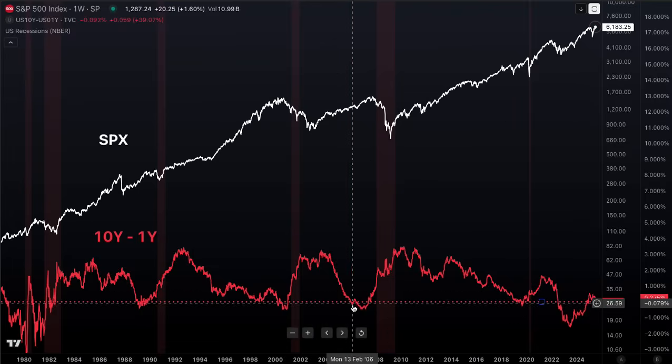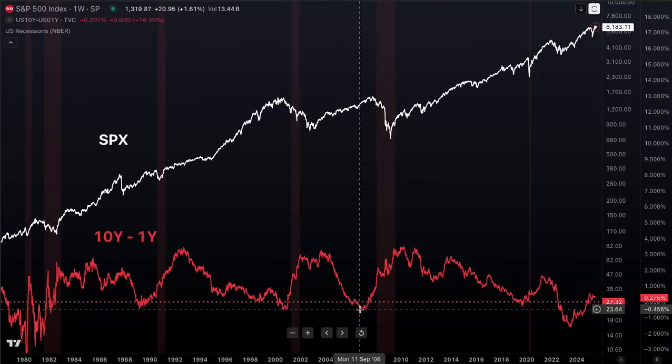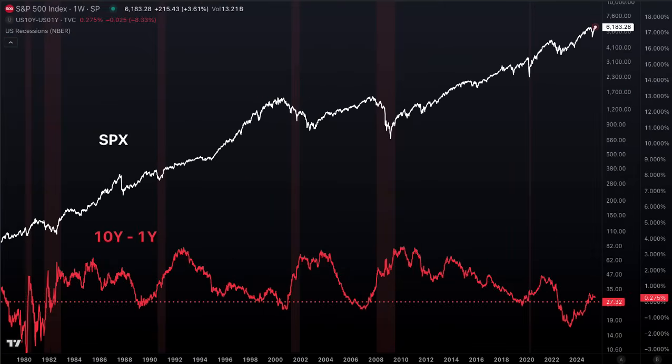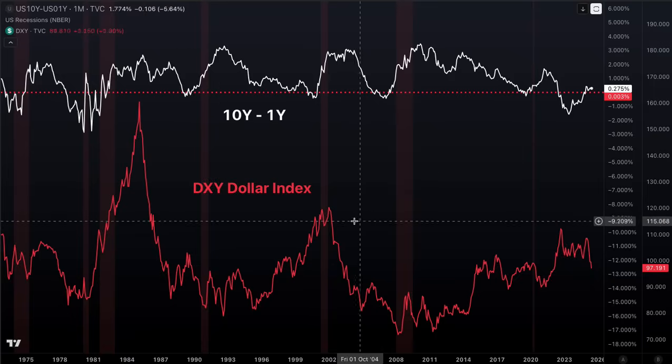There are reasons why this is happening, and those reasons can actually drive the recession to happen. So a lot of people will look to this inverted yield curve as a signal, but it's actually even deeper than that. It can be causing the recession, and we will get into that slightly later.